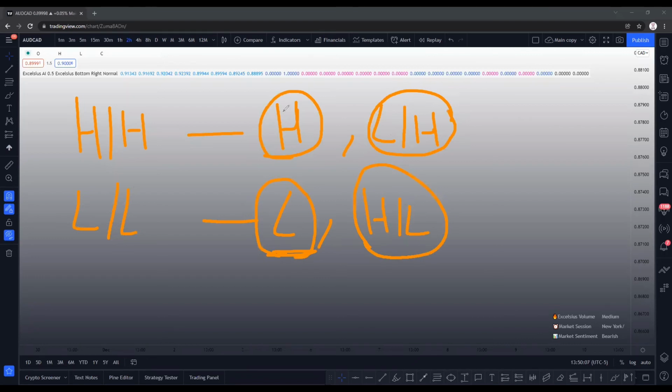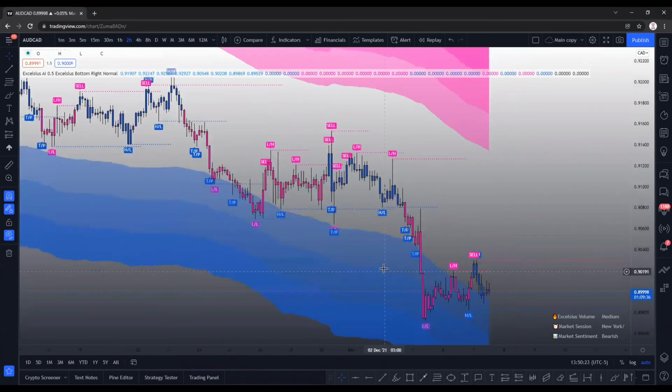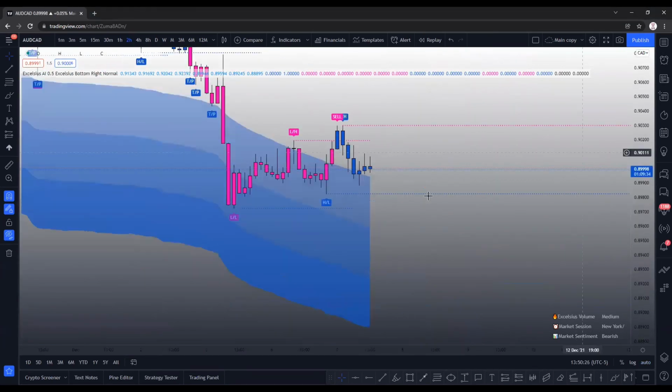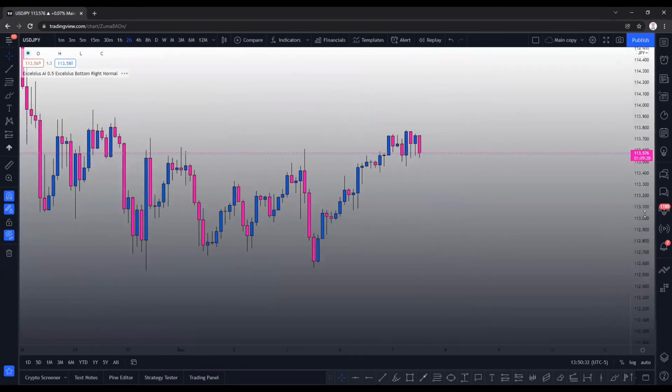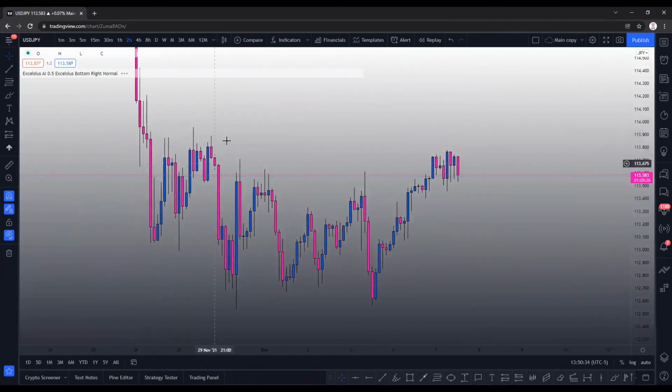And so be mindful, once again, if you want a higher high in the market, you have to either break the high or the lower high. If you want a lower low in the market, you have to break the low or the higher low of the market. So in this case, with the AUD CAD, if we want a lower low, you have to break the higher low. And on the UJ example, if you want a higher high, you have to break the lower high.